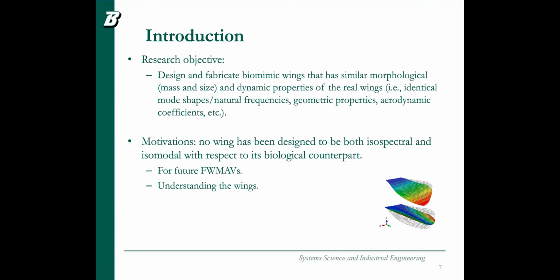That means if we can get a wing that has very similar morphological and dynamic properties, it will be ideal for future flapping wing micro air vehicles. And it will definitely help to further understand the wing structure and dynamics.